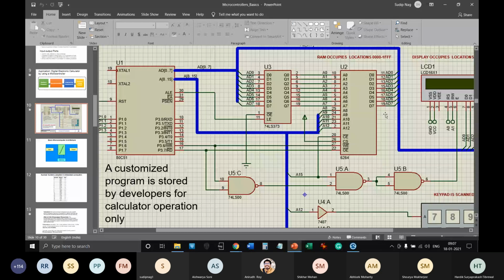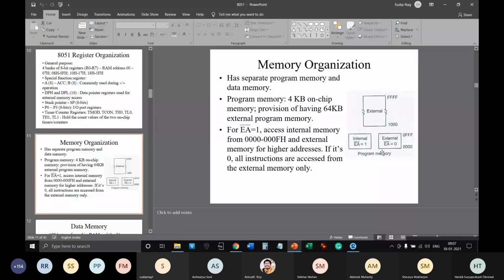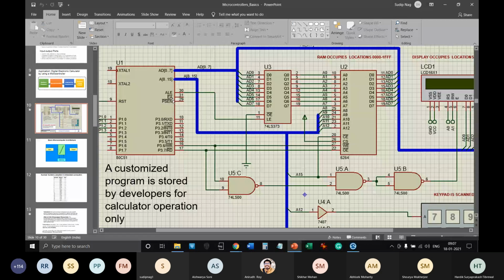For external program memory, there is a line called external access bar, EA bar. If you look at this diagram, EA bar is not utilized because there is no external program memory as such. And data memory is accessed by the read bar and write bar signals. That's what is given.